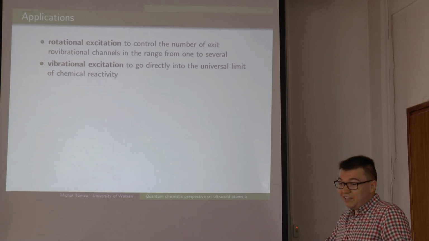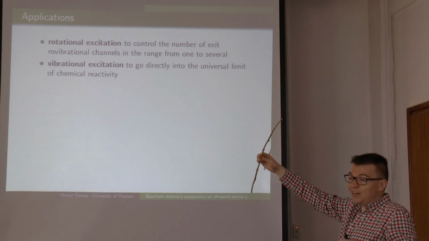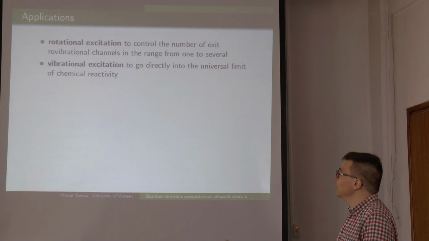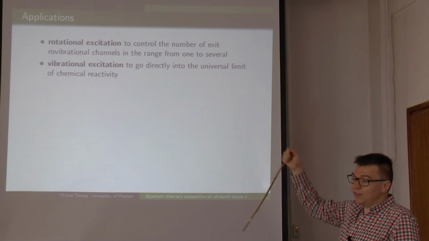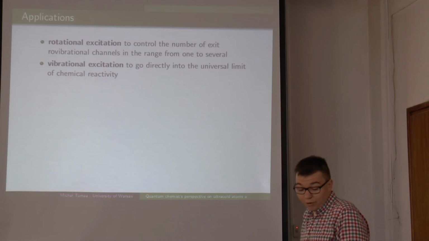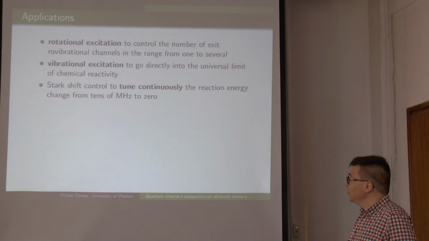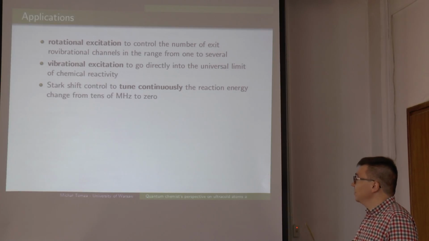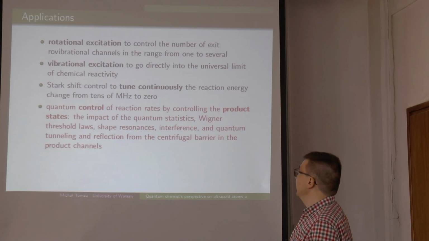We can also excite our heteronuclear dimers vibrationally, and once we do, we provide tens or more kelvins. So we can directly go to the regime where the reactions are universal, because thousands of possible rotational states are possible. We can apply the Stark shift control to tune continuously the reaction energy from tens of megahertz to 0.